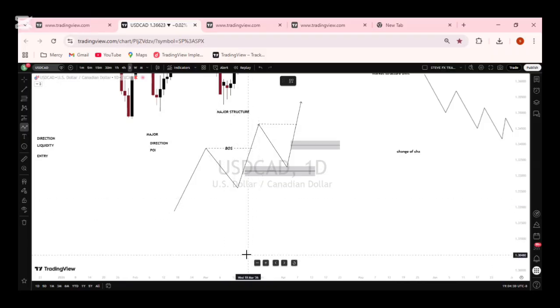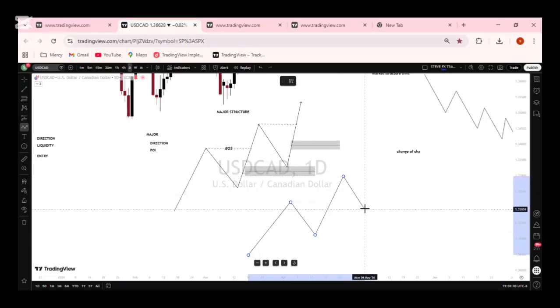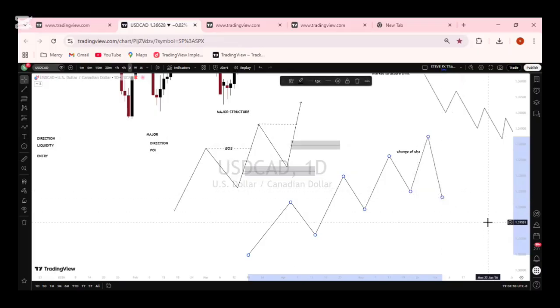So let's say we have a bullish market going upwards like this, and we see a major low being broken.